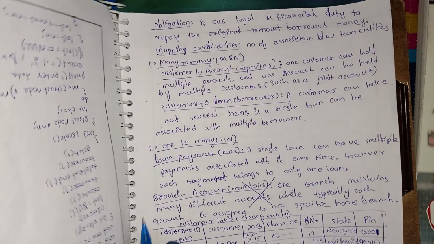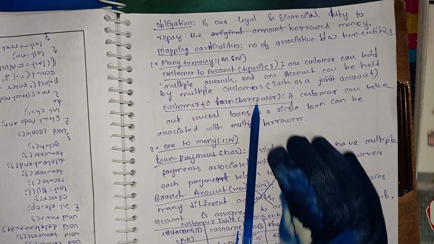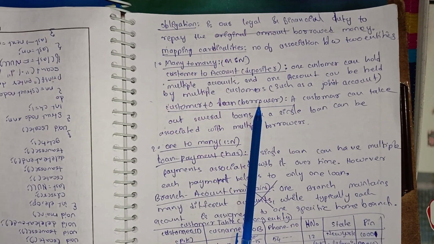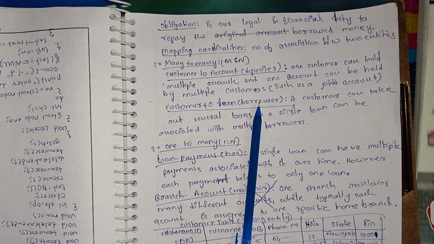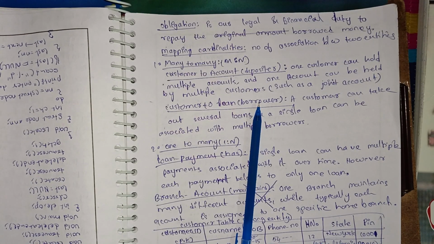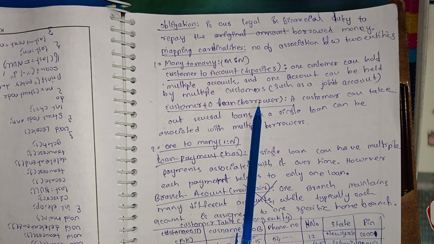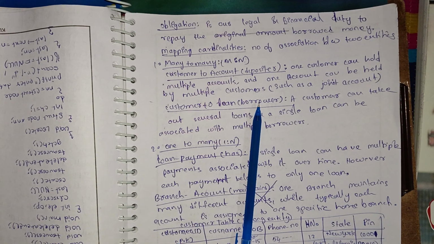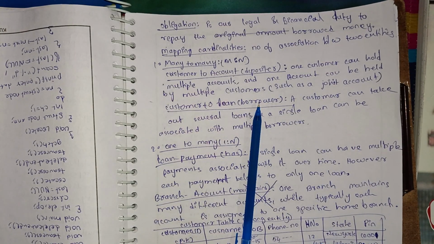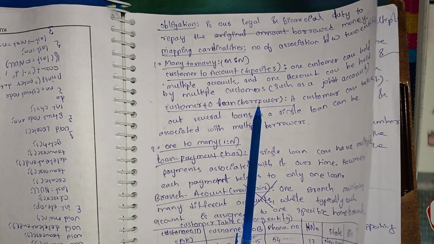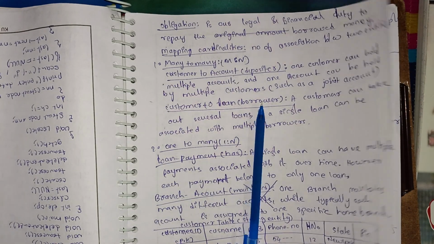What's the definition of many to many relationship in the ER model? Each row in the first table can relate to multiple rows in the second table, and each row in the second table can relate to multiple rows in the first table. That's the definition.